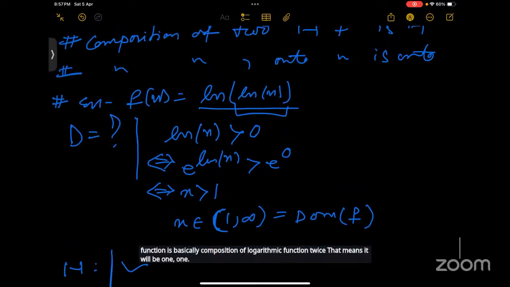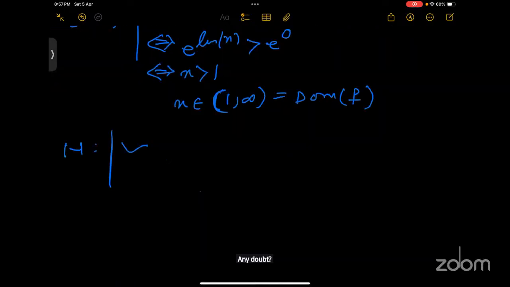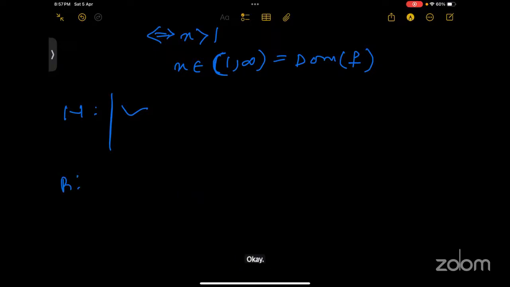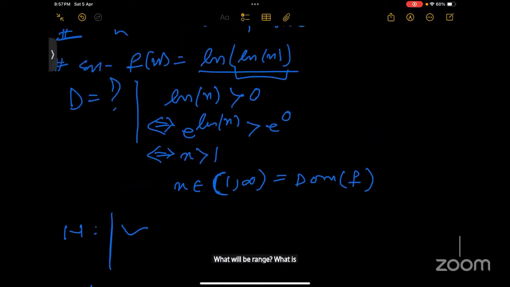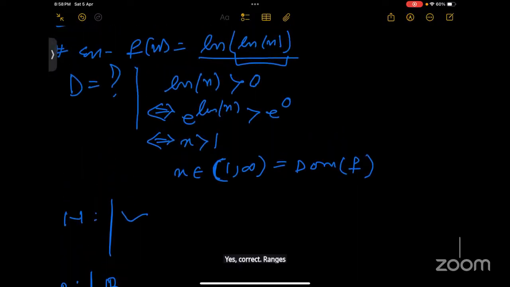Any doubt? What will be the range? Real numbers, ma'am? Yes, correct. When we go towards infinity, ln of infinity is infinity, so the function tends to infinity.